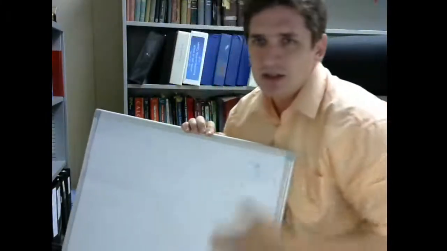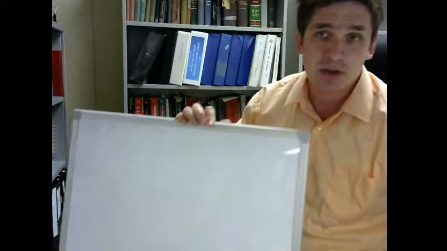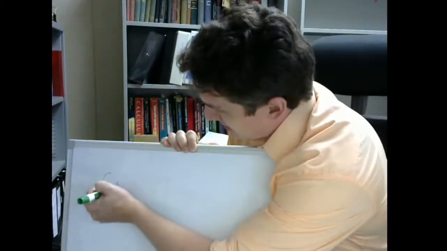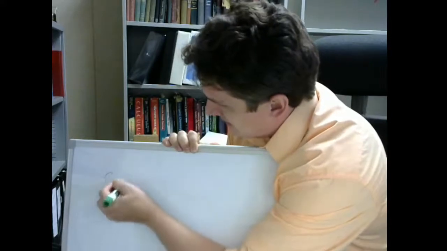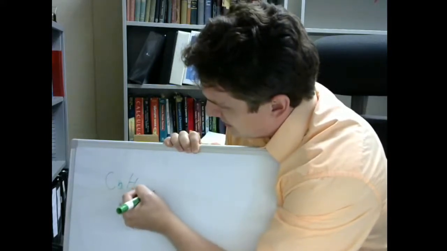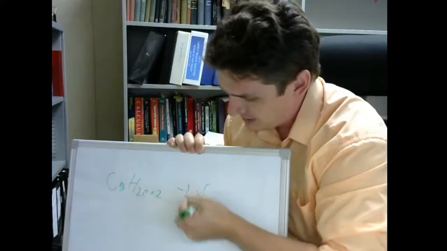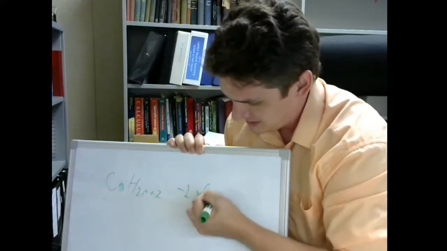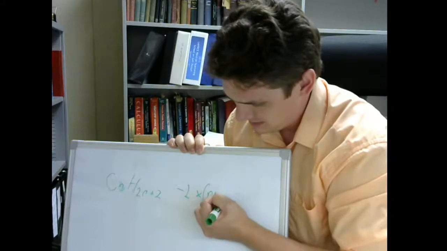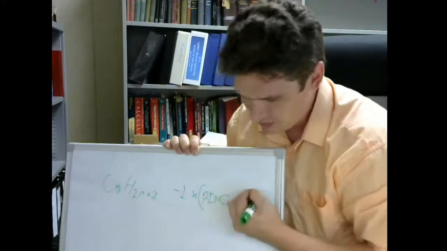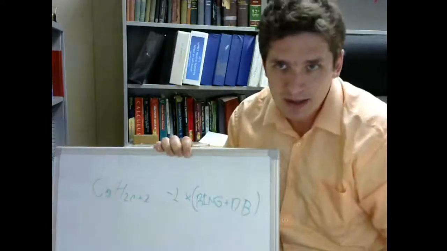Actually, tell you what, let me teach you the easier way to do it. A saturated hydrocarbon has the formula CnH2n+2. Now, we're going to subtract 2 for every ring, and for every double bond, but we can definitely do triple bonds and things like that.